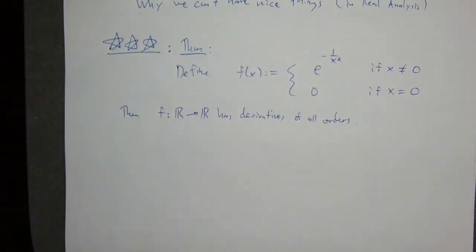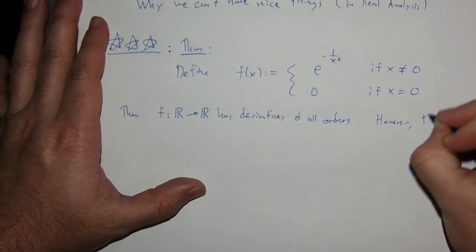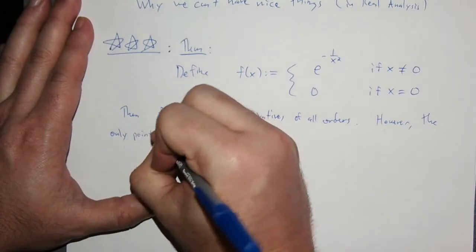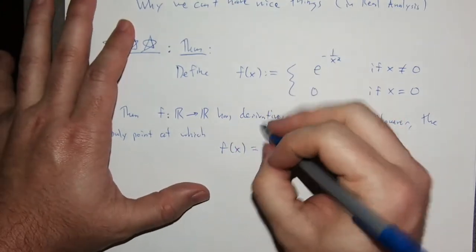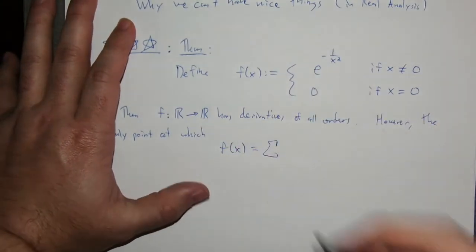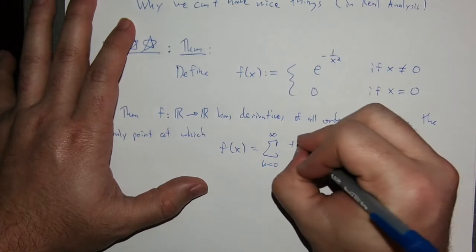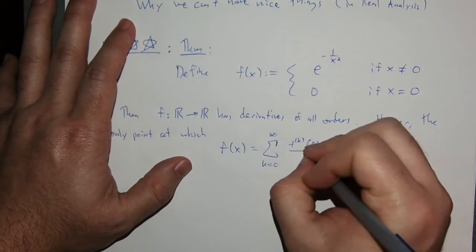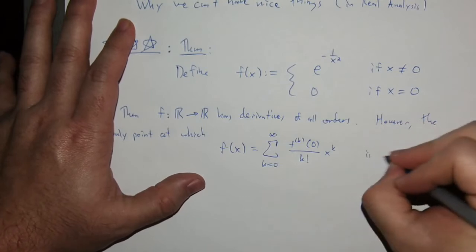You can quickly find the derivative of this thing. It has derivatives of all orders. You are good to go. However, the only point at which f of x is equal to the sum from k equals 0 to infinity of the kth derivative of f of 0 over k factorial x to the k is at x equals 0.